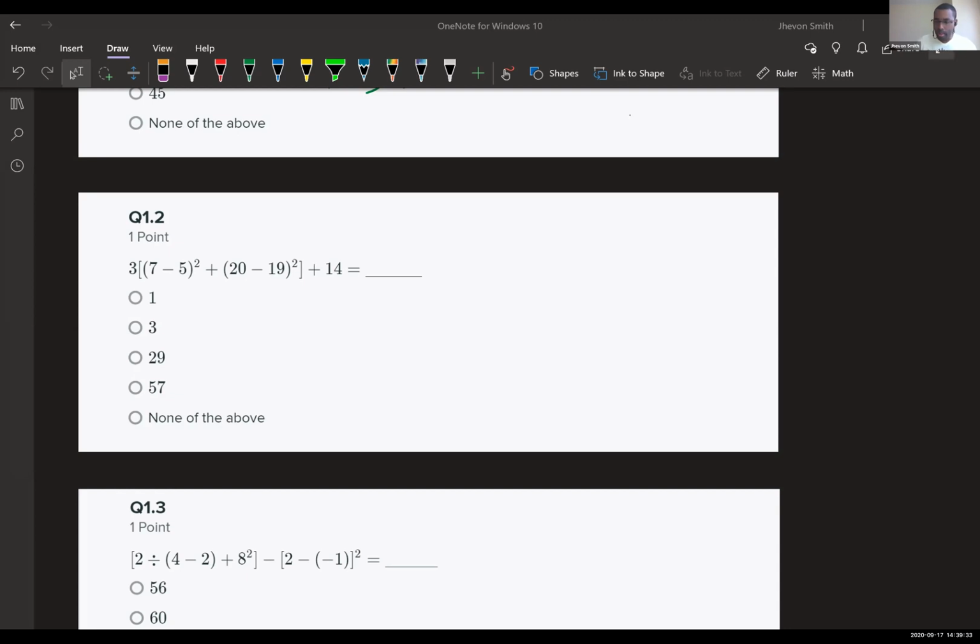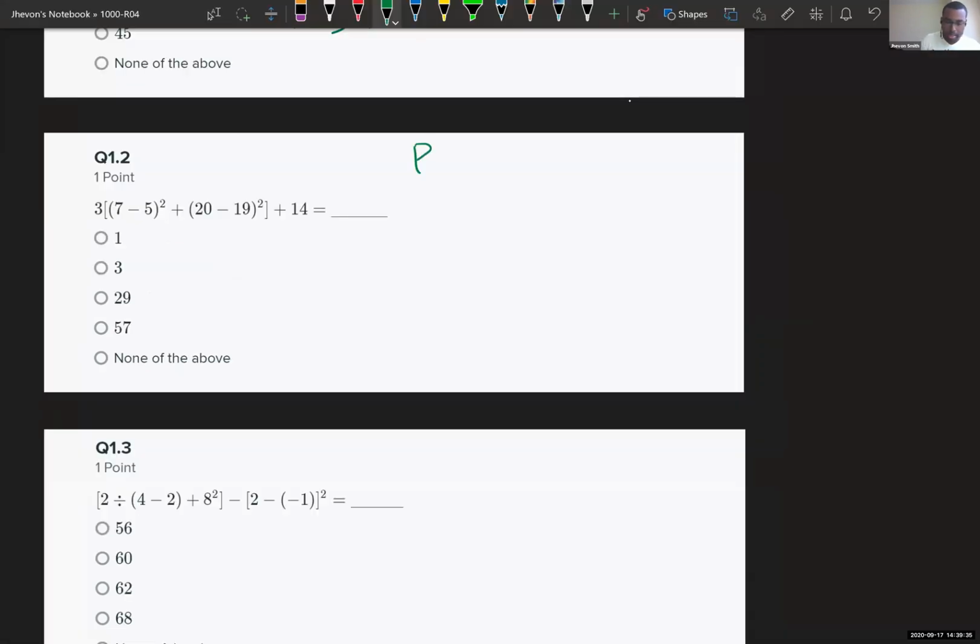So again, the idea here is PEMDAS. So according to PEMDAS, you would work out what is in the parentheses first. So we're going to worry about what's inside here. Now, what's inside there, that also has a pair of parentheses inside.